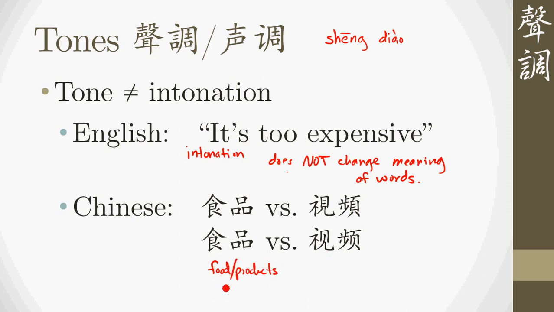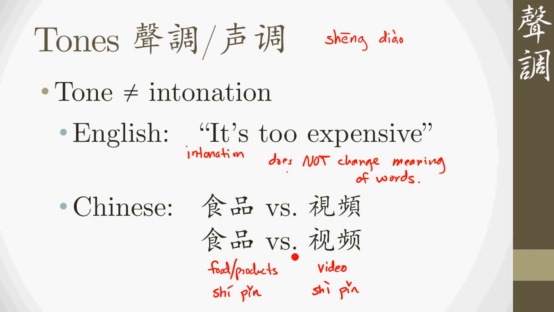This is the pinyin for this one, and then on the right-hand side we have a different word, and this is pronounced shipin. And you'll notice that when we use pinyin, we use these little accent marks on top to indicate the tones. So the second character in both of these are pronounced exactly the same. They're homophones. Okay, they're both pronounced pin.